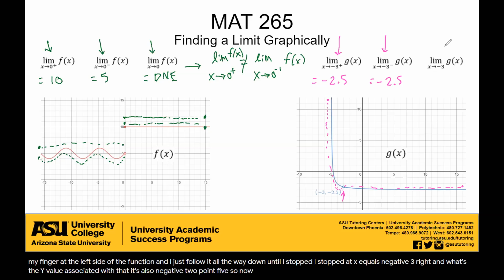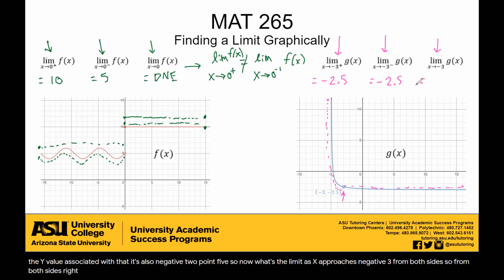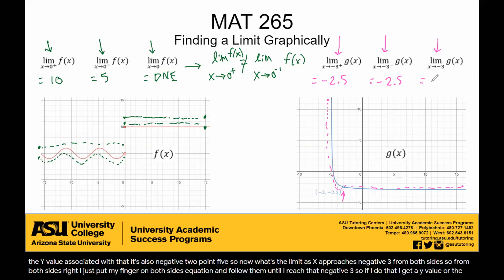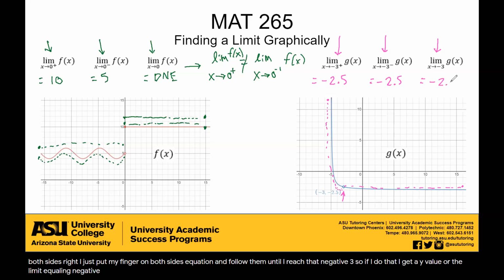So now what's the limit as x approaches -3 from both sides? From both sides, right, I just put my finger on both sides of the function and follow them until I reach -3. If I do that, I get a y value, or the limit, equaling -2.5.